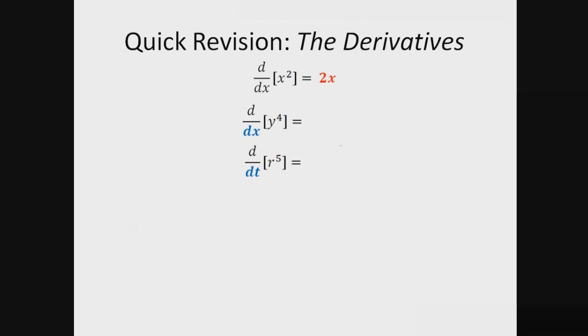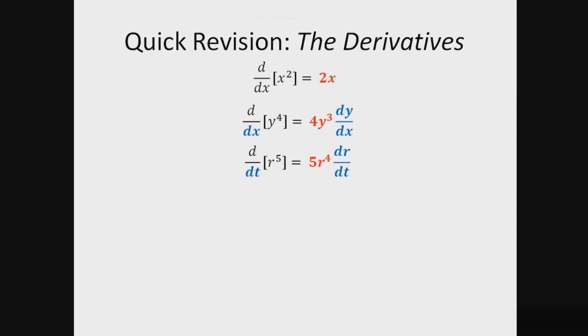Next, what is the derivative of y to the power 4 with respect to x? By using the power rule, we will get 4y cubed dy over dx. Likewise, the derivative of r to the power 5 with respect to t, what will we get? We will get 5r to the power of 4 multiplied by dr over dt.